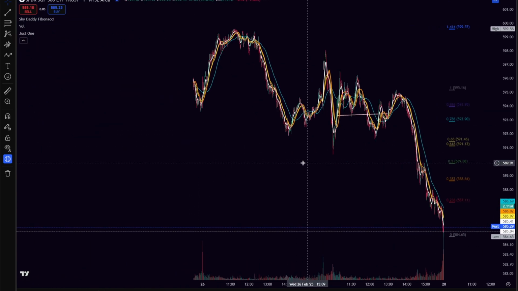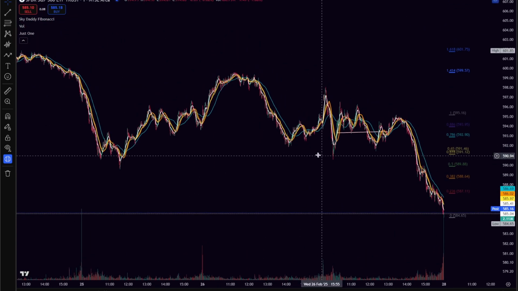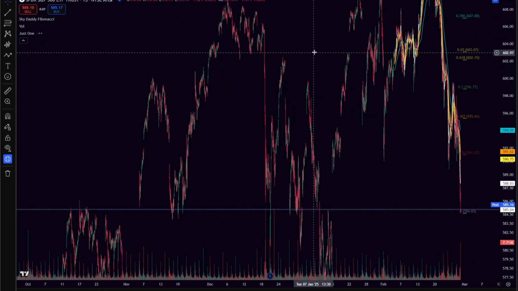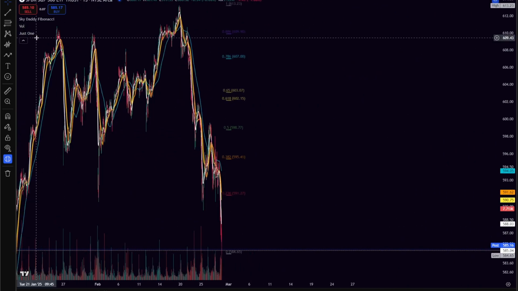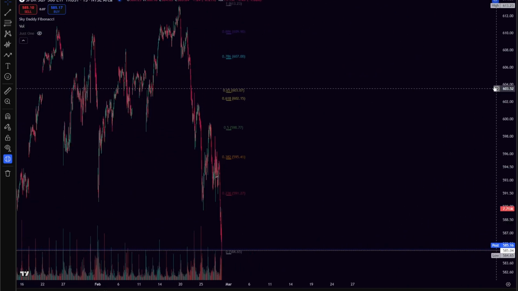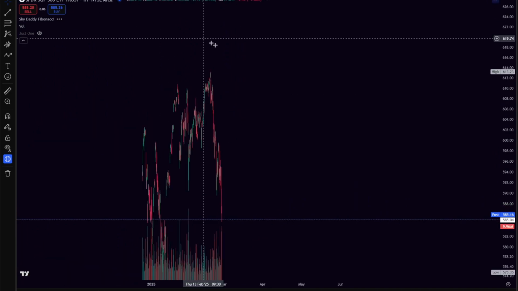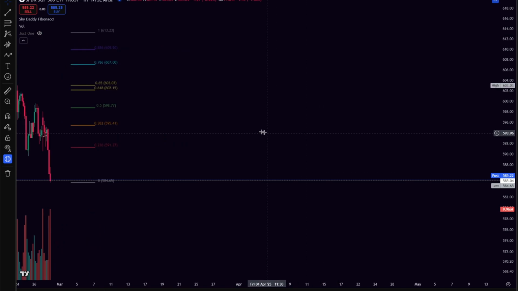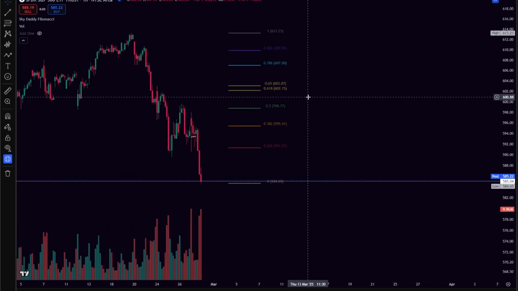Yeah, if you zoom out, you can just see giant M's and W's. Like if we go to a 15-minute time frame, we're gonna get rid of this here. Fuck it, we're gonna go hourly. Just big M's and W's.